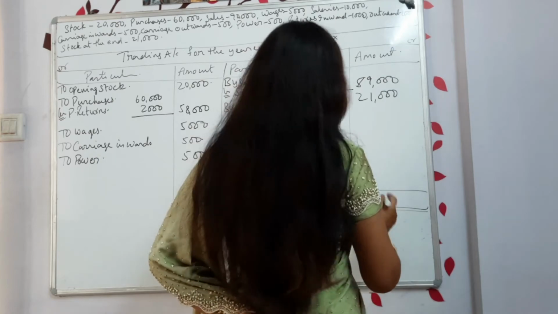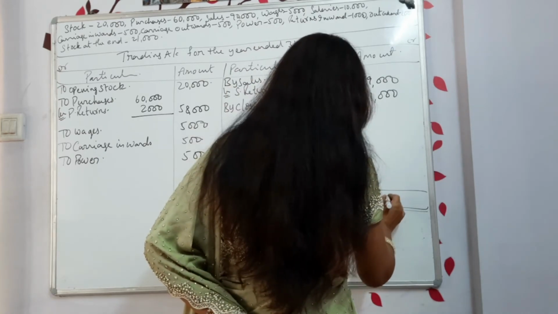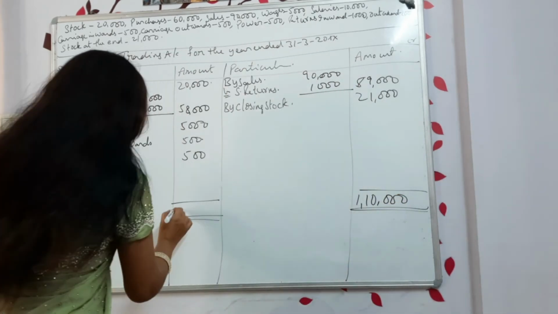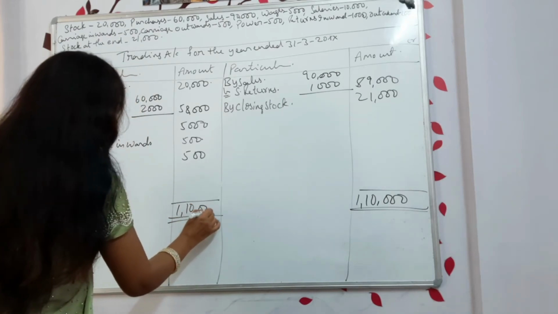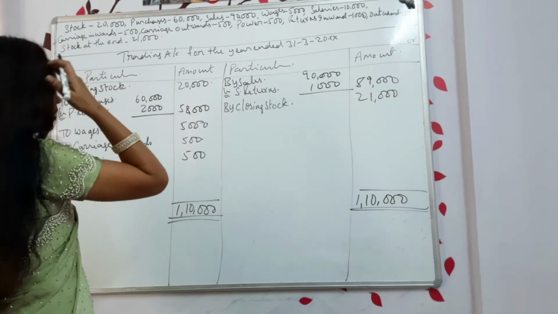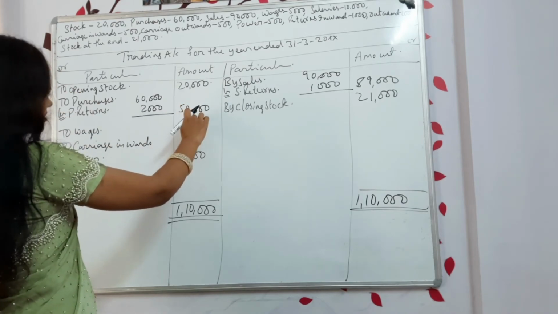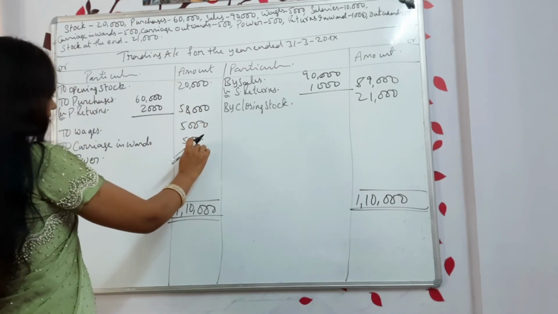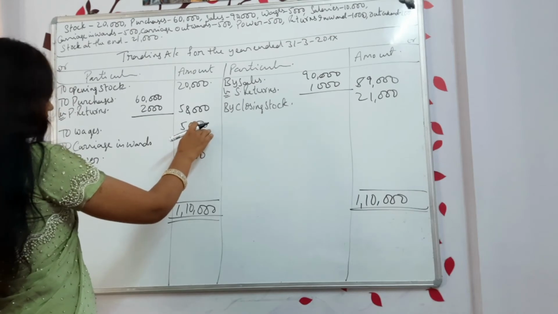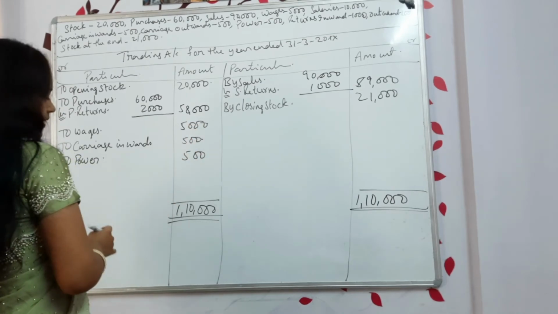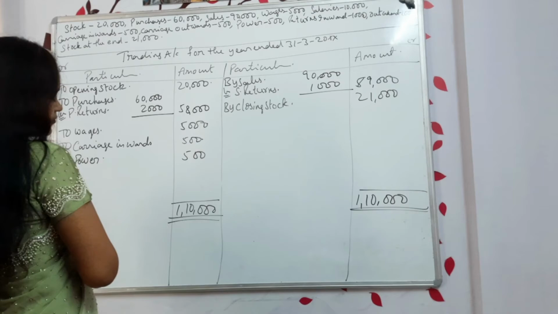Okay, so now let's do the total. 89,000 plus 21,000. I think it is 1,10,000. Now do the total of debit. How much will you get? 20, 78, 79 and 84,000. 1,10,000 minus 84,000.